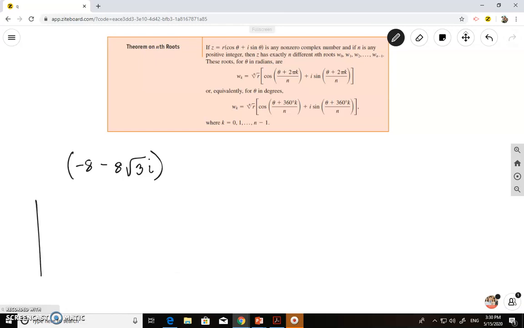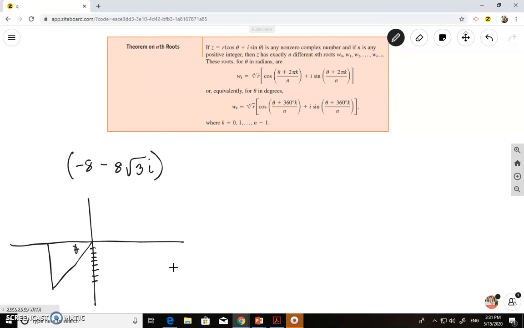I think this one will be in quadrant number 3, right? We will have 8, negative 8, 1, 2, 3, 4, 5, 6, 7, 8, and then negative 8, so approximately we have the graph.